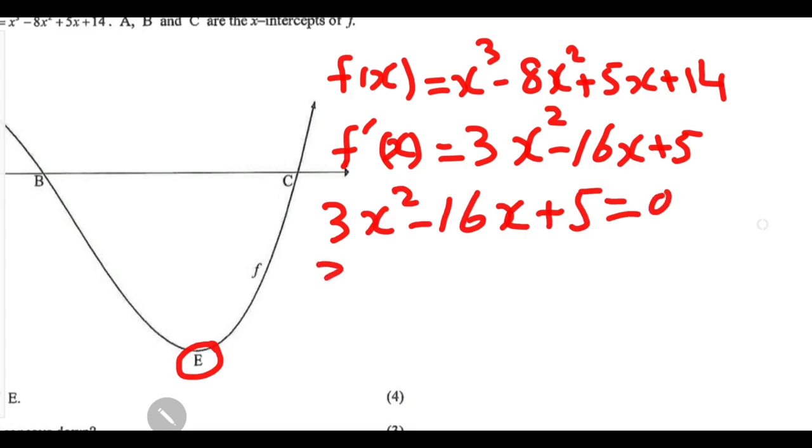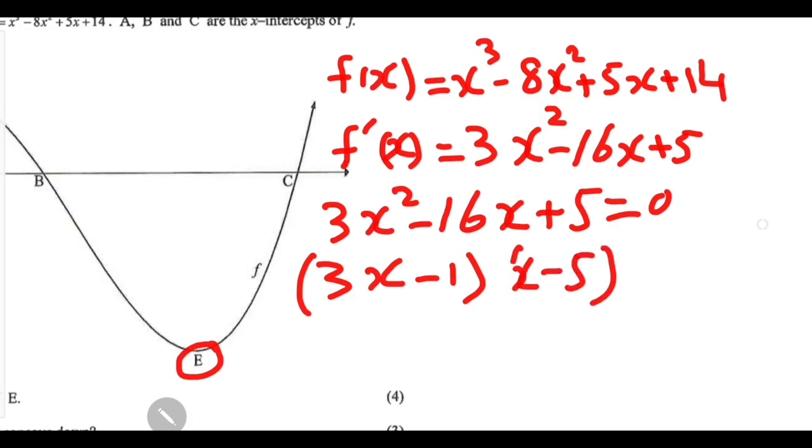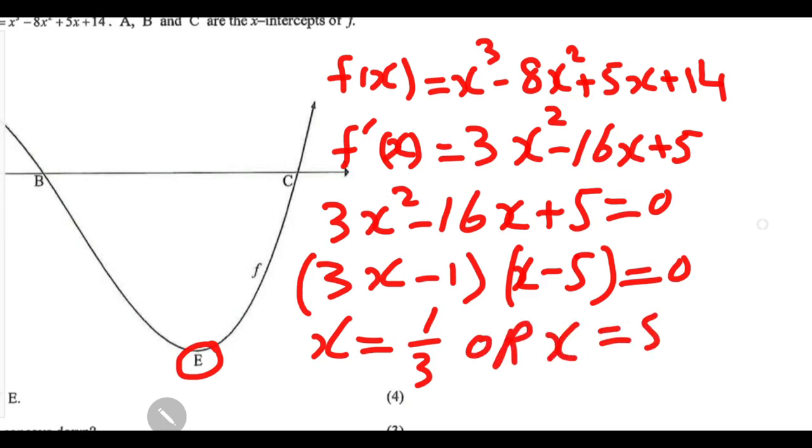So it's going to be (3x - 1)(x - 5) = 0. I factorize. If you can't factorize, then you can use the quadratic formula as well. The x-coordinates of the turning points are x = 1/3 or x = 5.